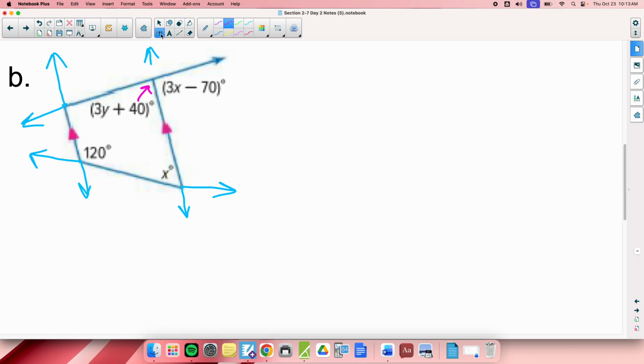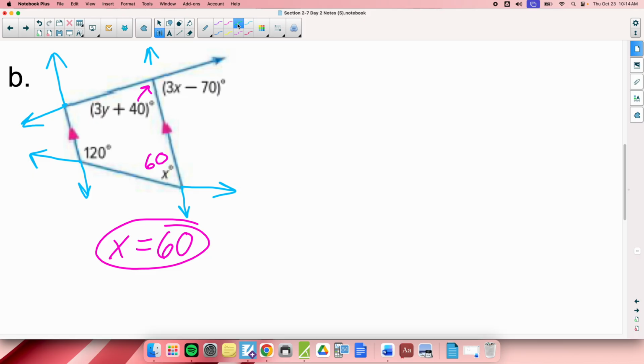So let's look at these two. Are those easy? What do we know about these two? Yeah, so would we know what x is right away? 60, very good. All right, so x is 60, okay? Now, we have these two that form a straight line. What do we know when they form a straight line? 180.